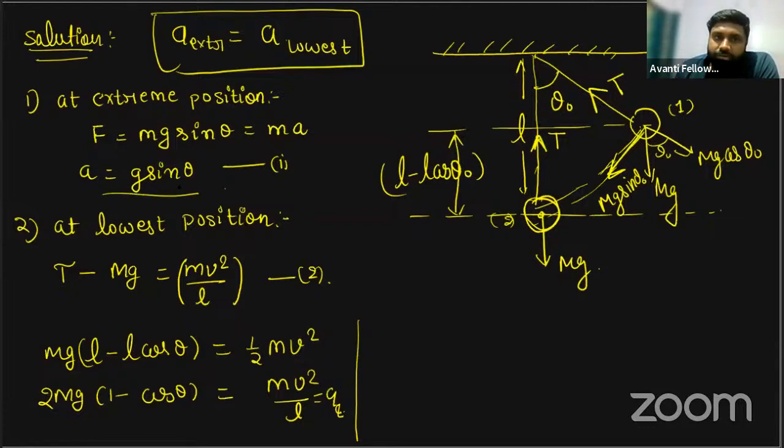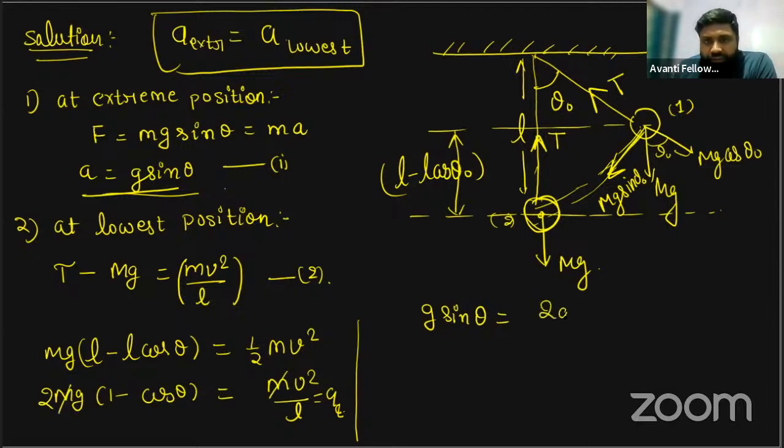Because it is given in the question that the acceleration at the lowest position and the acceleration at the highest or extreme position are equal. So acceleration at extreme position is g sin theta, which equals this mv square upon L, sorry, v square upon L. So m and m will also cancel out.